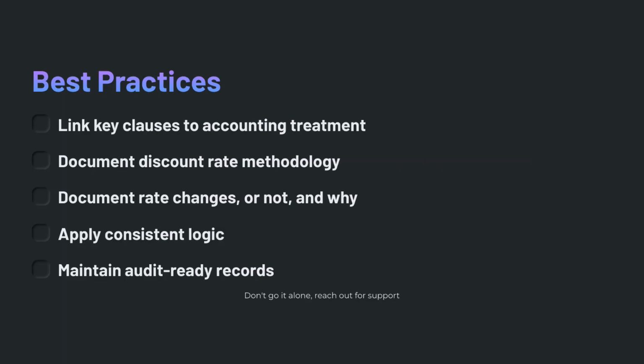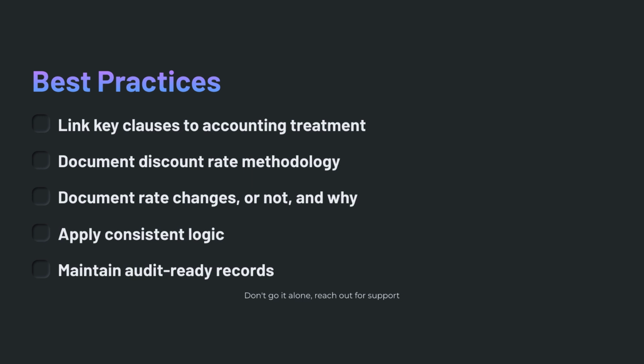Next, set up a reliable process to track changes. That means working with property, procurement, operations, anyone likely to make a lease decision, and making sure finance is in the loop early. Once the documents are in, take the time to review them properly. You're not just ticking boxes, you're identifying the clauses that affect accounting, rent reviews, break options, indexation, incentives.